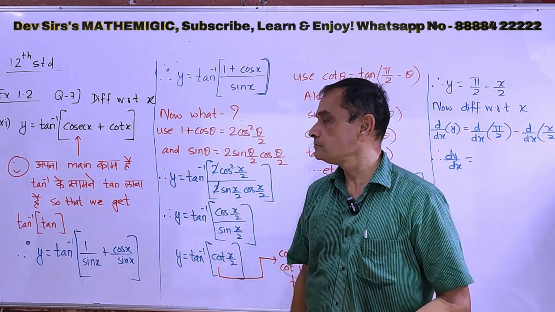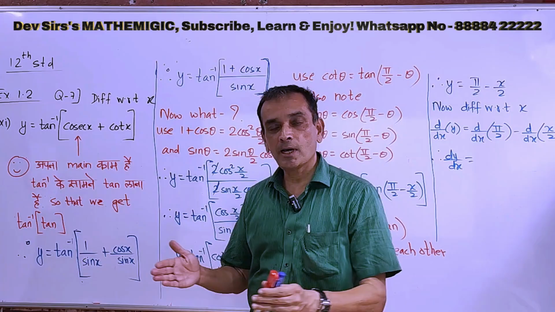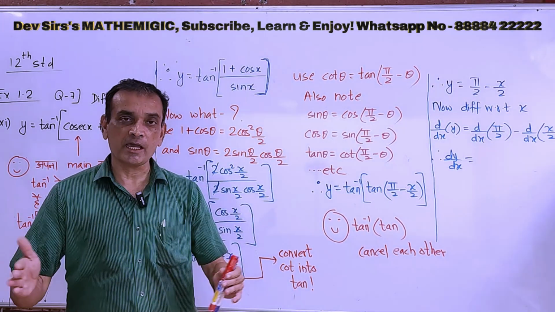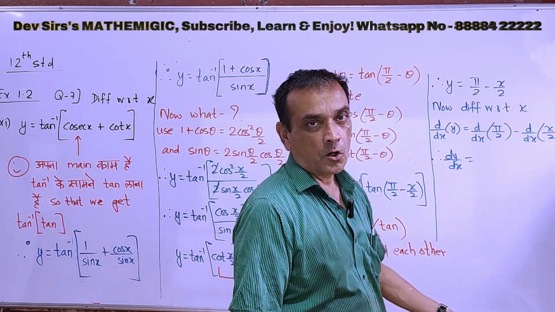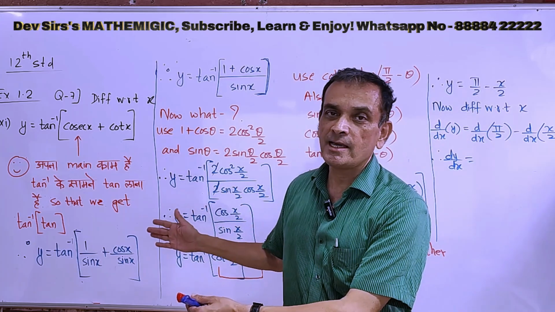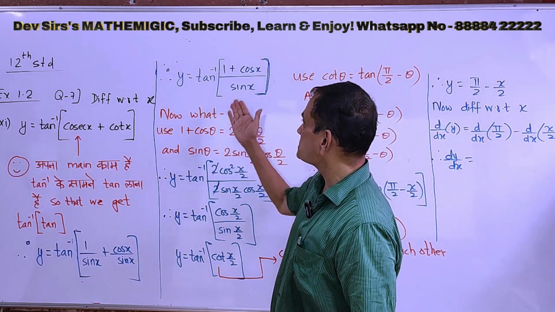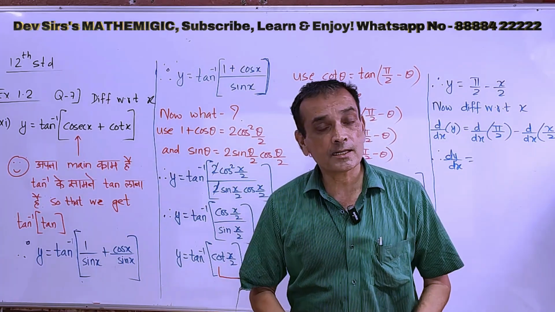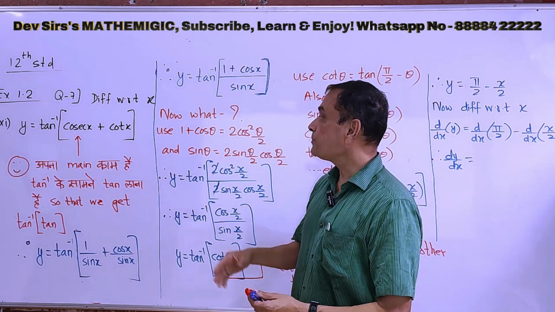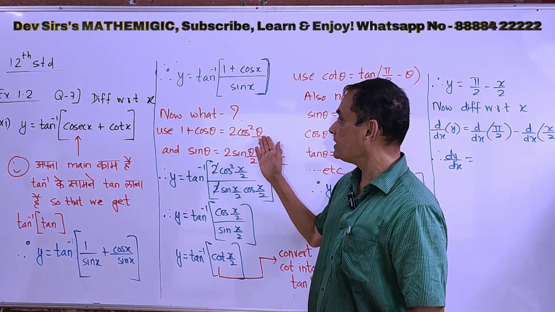Now what? Again that formula is going to come every alternate day, and every alternate day we are going to write it and see it. What is 1 plus cos theta? How to remember it? 1 plus cos theta is 2 cos square theta by 2.